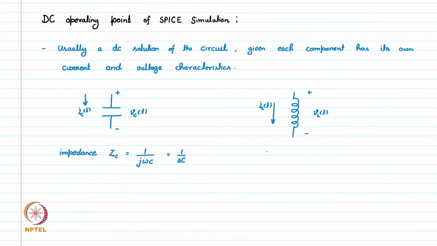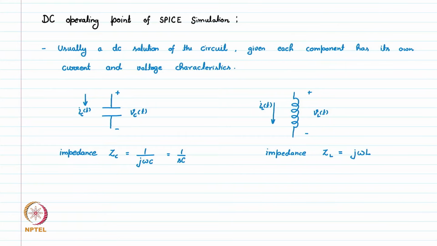So we can write the impedance ZL is equal to j omega L. So for DC, omega is 0, it means the impedance of the inductor is 0. So the inductor will act like a short circuit. So these are the impedances with which SPICE is going to replace the actual components.